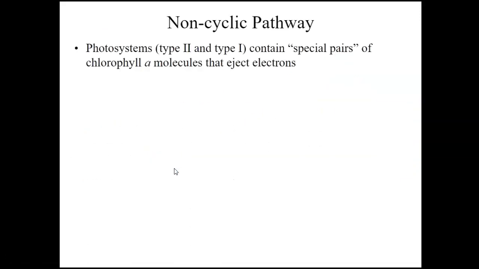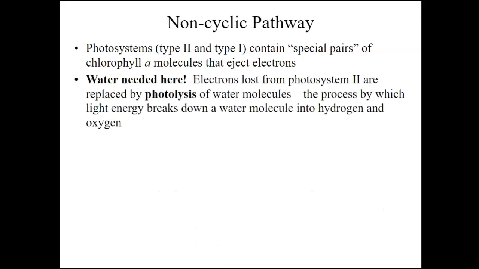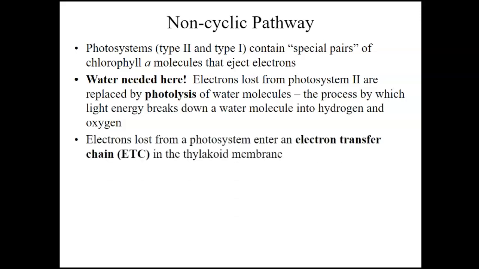All right, moving on. The non-cyclic pathway then uses both photosystems, 2 first, then 1. You need water because in photosystem 2, water gets split, a process called photolysis, and oxygen is released.